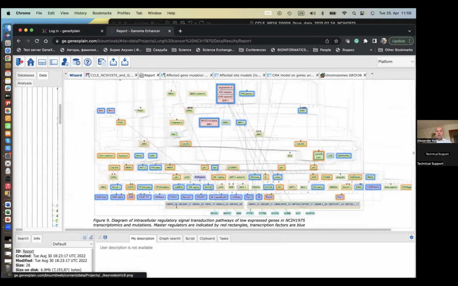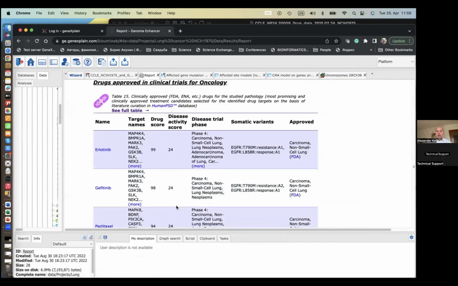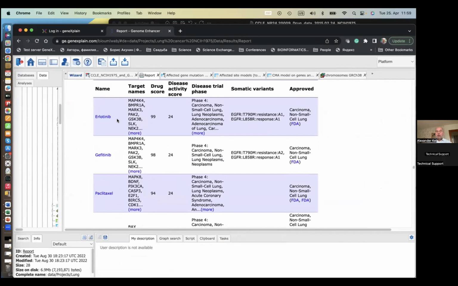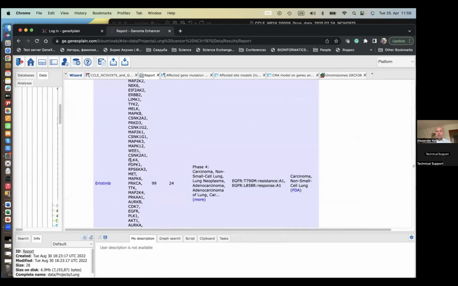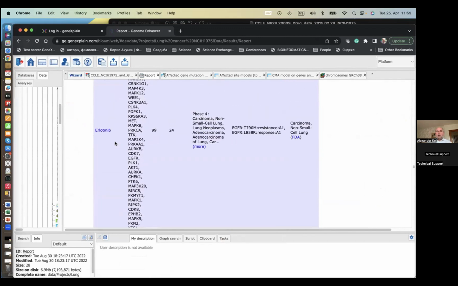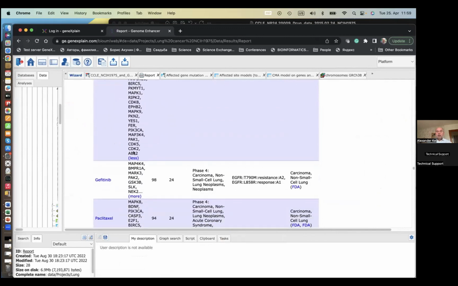And we go further and predict which drugs can target those master regulators. And you see here well-known drugs like erlotinib, gefitinib, which are also FDA approved for lung cancer, and especially for this type of lung cancer.